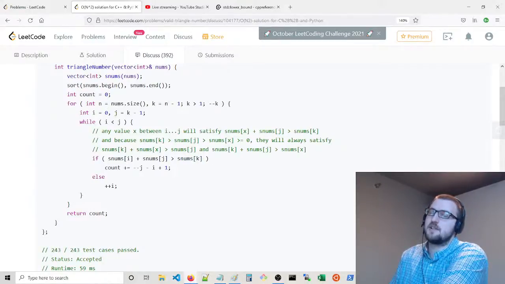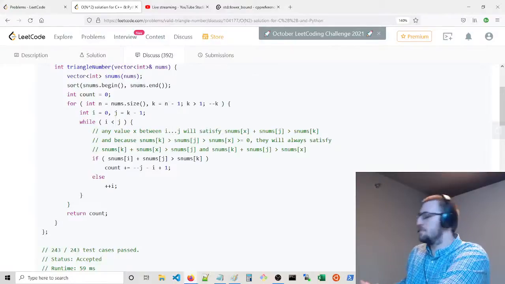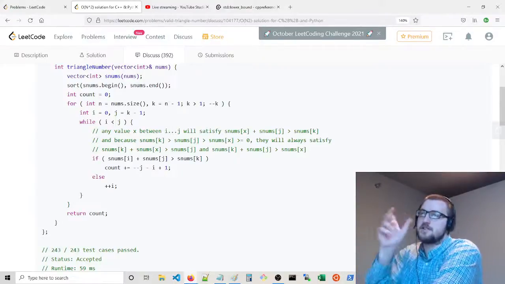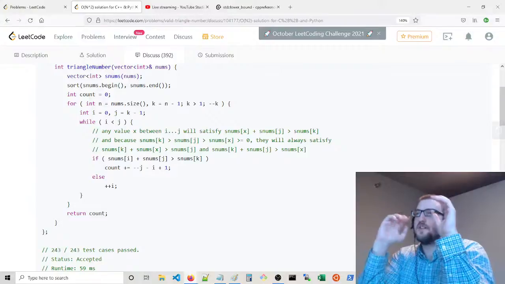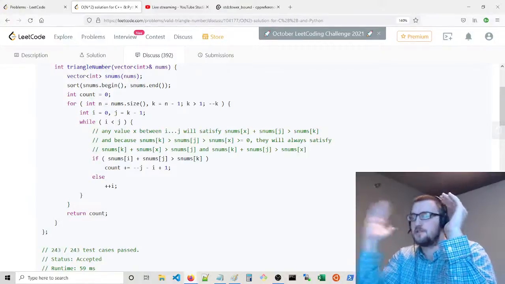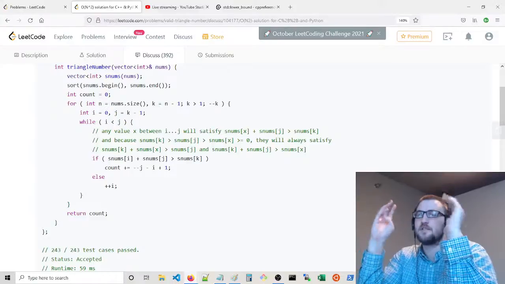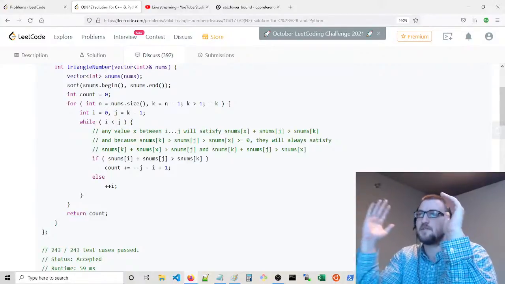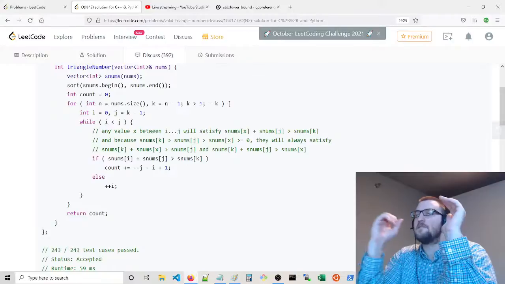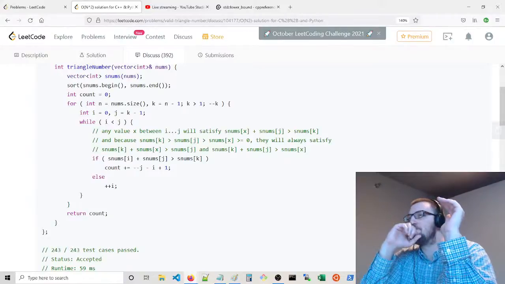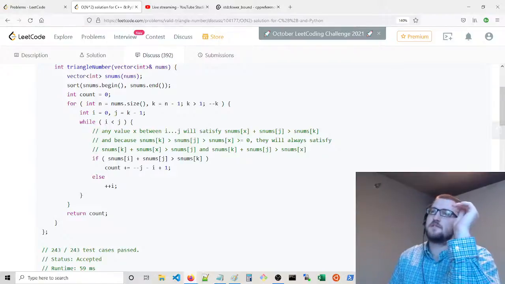So this is what they call sliding window, right? We loop for every basically largest value, every c value on the right side. We're going to loop from right to left. I don't really think you needed n here. I don't think n is used anywhere, so you could just do k.